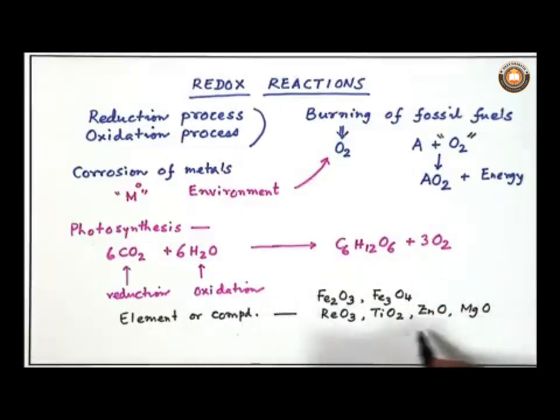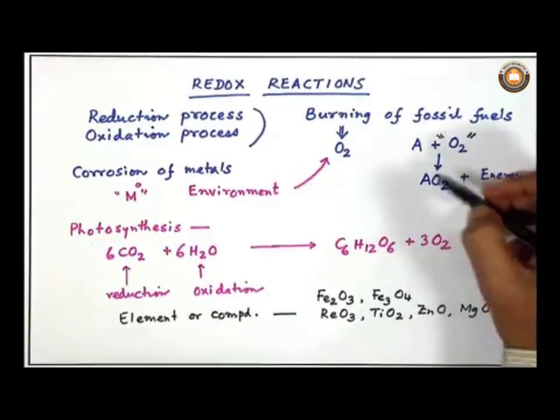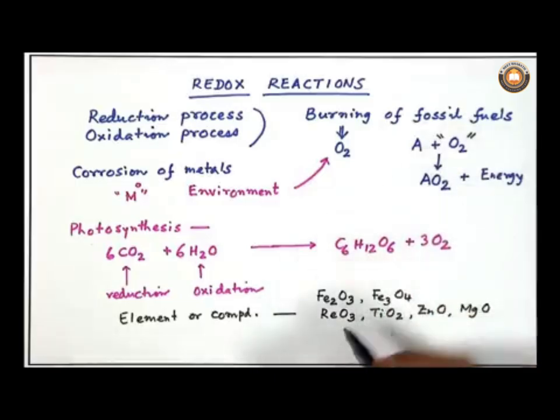These are very simple examples of the addition of O2 to a metal, where you have iron, rhenium, titanium, zinc and magnesium.